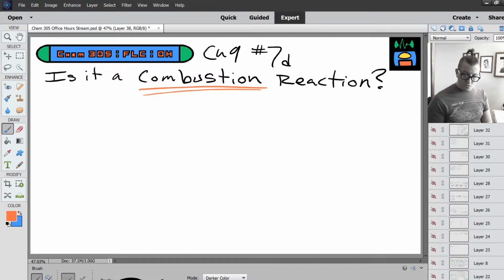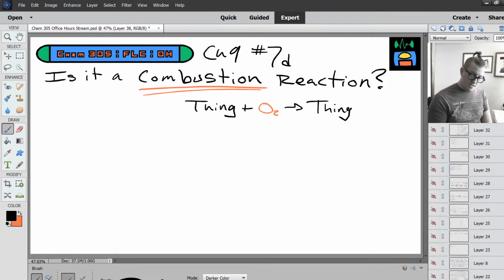All right, a combustion reaction goes like this. You have a thing plus O2 making thing oxides.